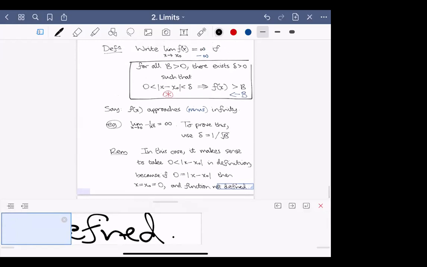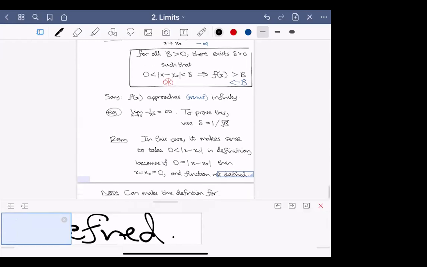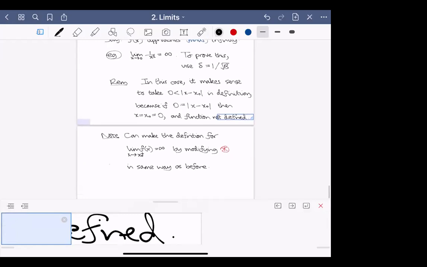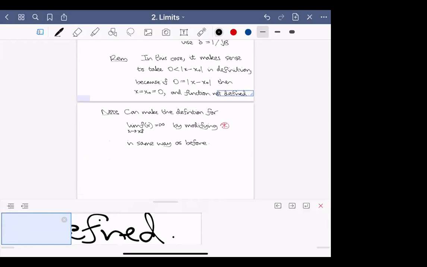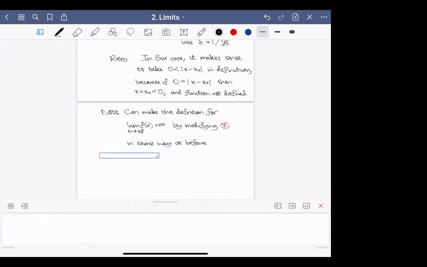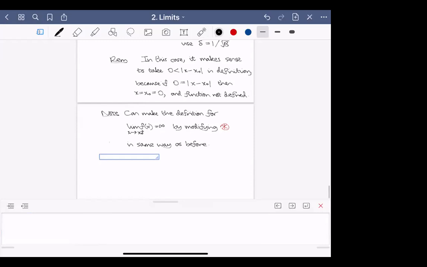Okay, so we have this definition saying that the function approaches infinity as x goes to a particular x0. And we now have a definition of vertical asymptote.